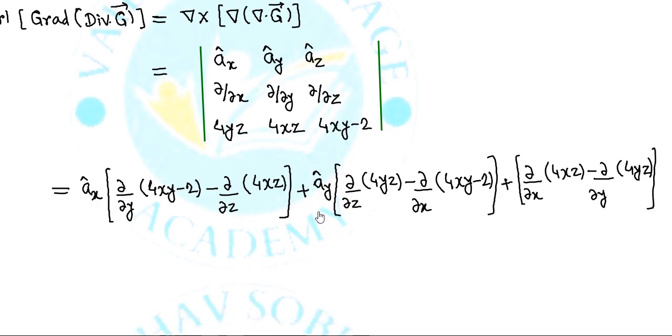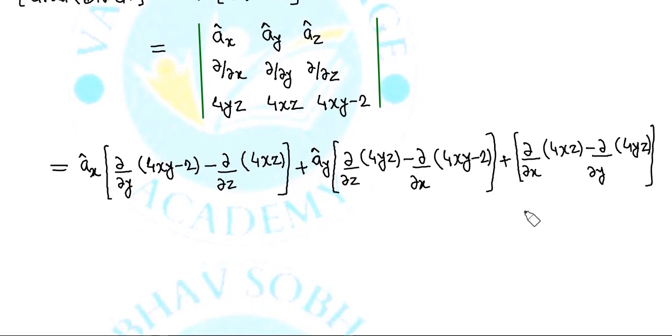Okay, so this is what we have now. Now we are going to simplify that. For ax cap, the d by dy of the very first term leaves only 4x, and minus d by dz of the second bracket gives 4x again.